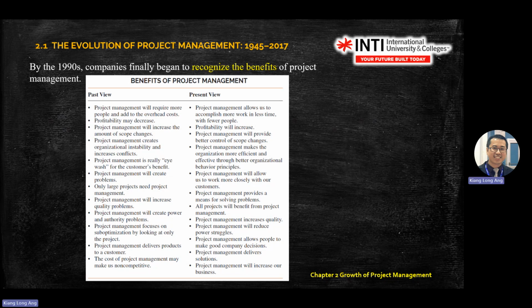So memorize 3 to 4 points on the benefit of project management. I highly recommend you read this part, then memorize 3 or 4 out of that.